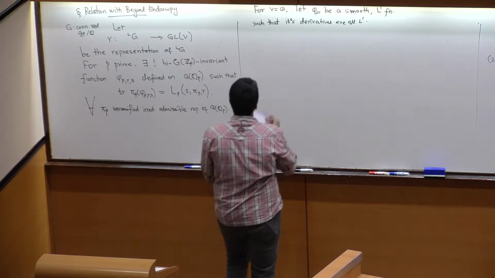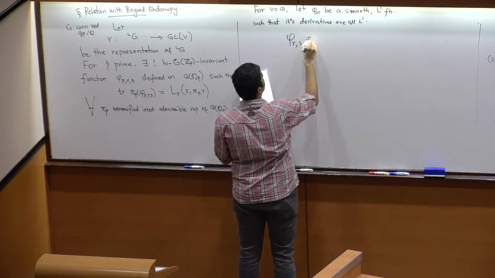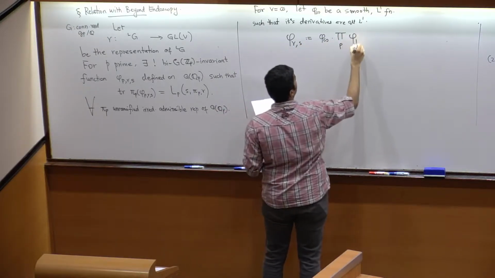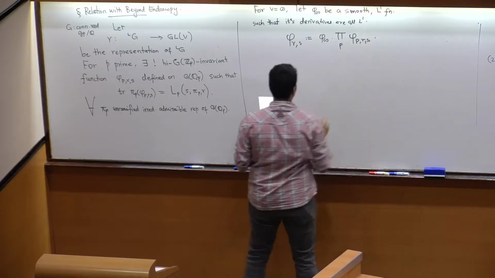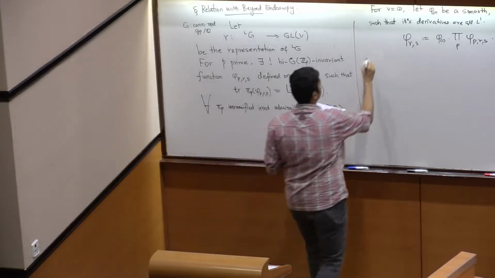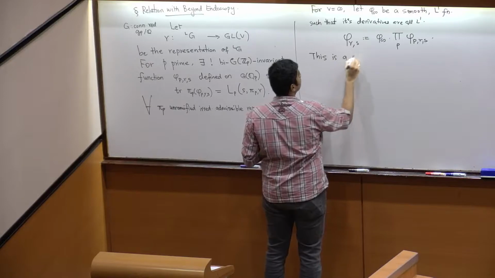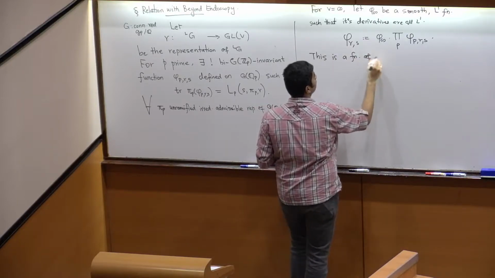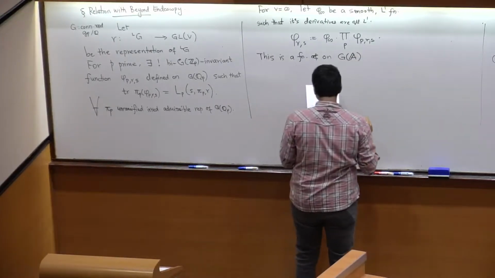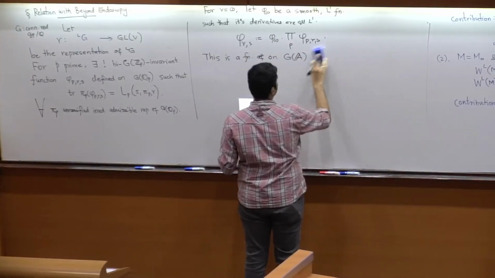Then you combine everything and write phi_{r,s} as phi_infinity times the product over p of phi_{p,r,s}. If you do this, it is a function on G(A), not necessarily of compact support.